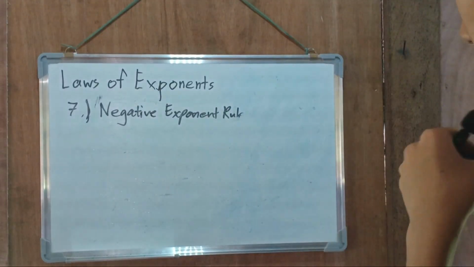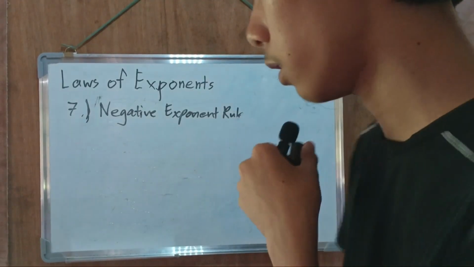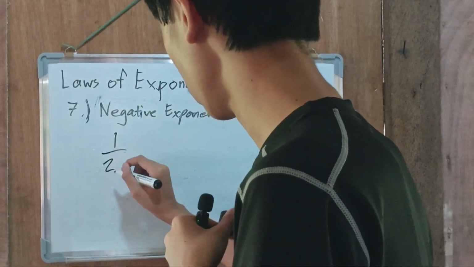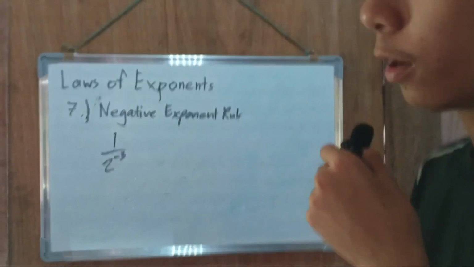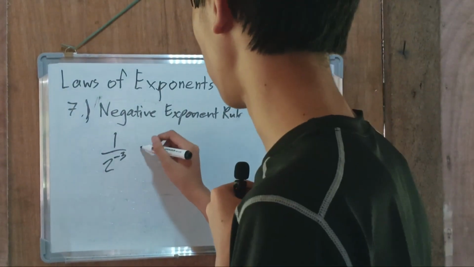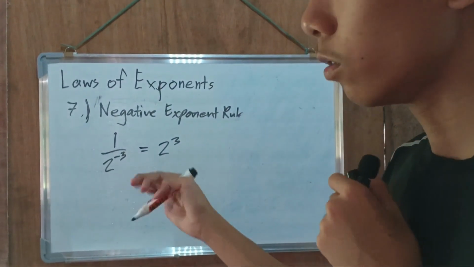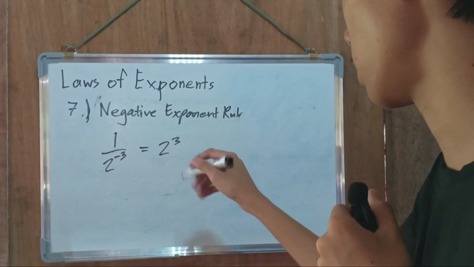Now, I forgot about something. What if it's 1 over 2 to the negative 3? What's the answer here? The answer here is very simple: 2 to the third. When the denominator has a negative exponent, you need to turn it to positive, so this is the answer.